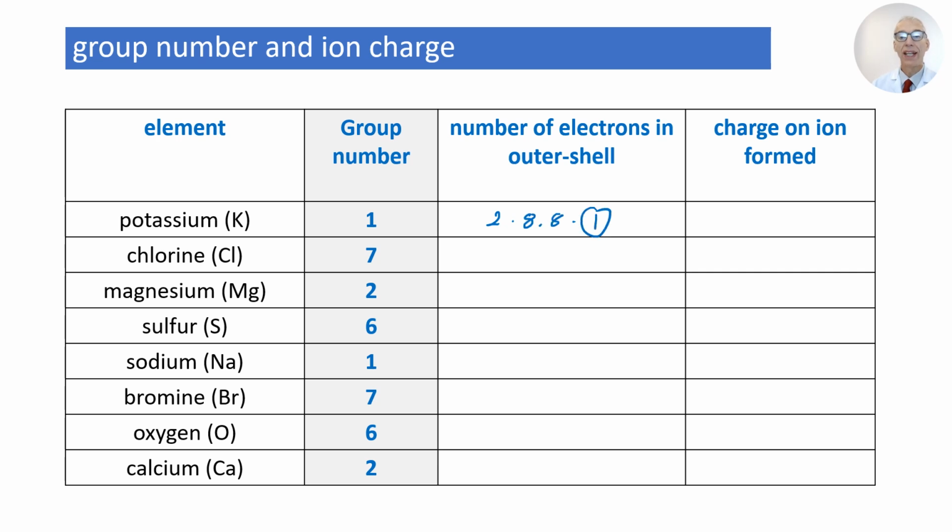So it's got 1 electron in its outer shell. If we think of chlorine, 2,8,7, of course it's got 7 electrons in its outer shell. Pause and complete the numbers of electrons in the outer shell of the remaining atoms. Come back when you are ready.